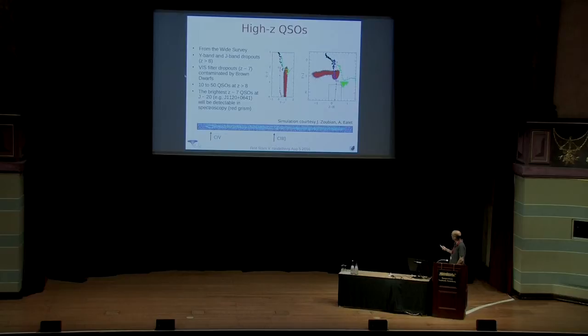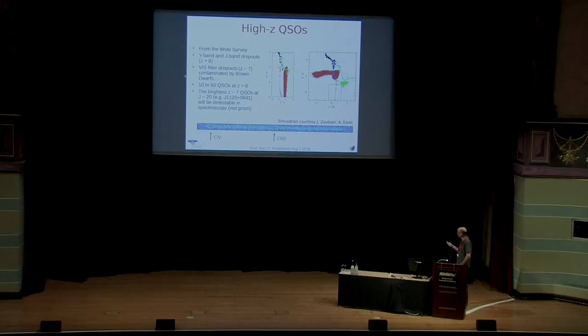This is O, meaning the optical filter of Euclid, O minus Y versus Y minus J, and you have here a quasar track from redshift 6 to redshift 7, and here the locus of low mass stars.